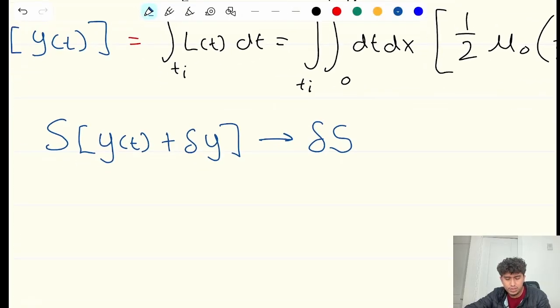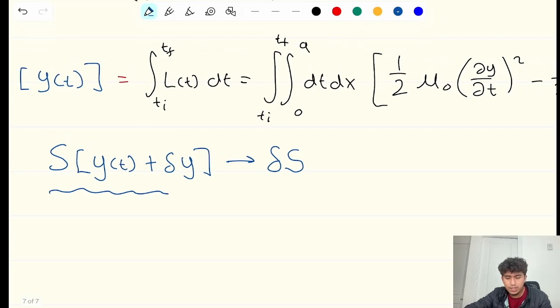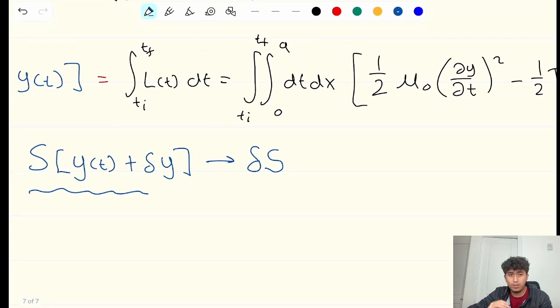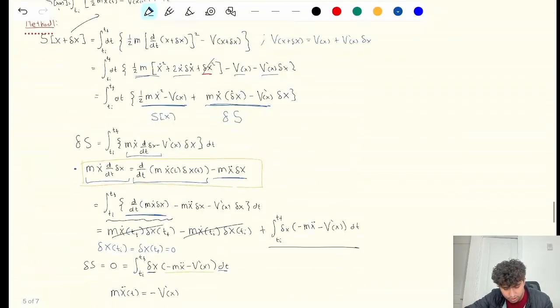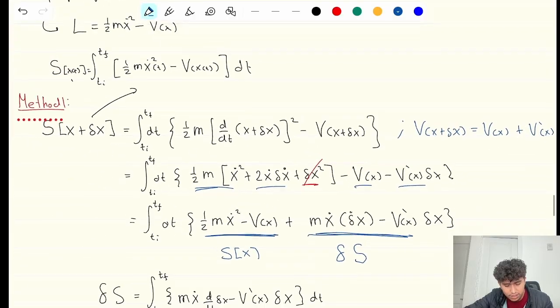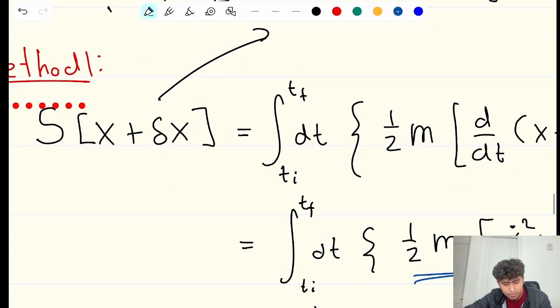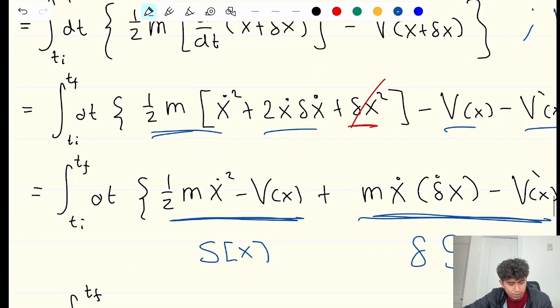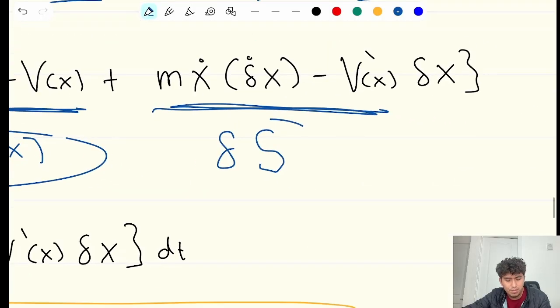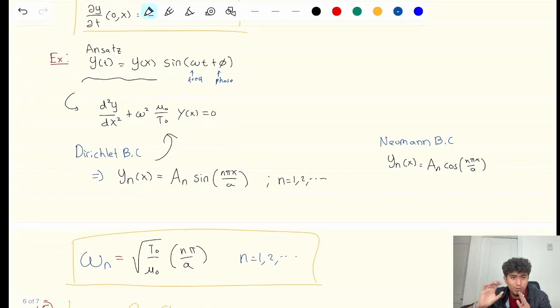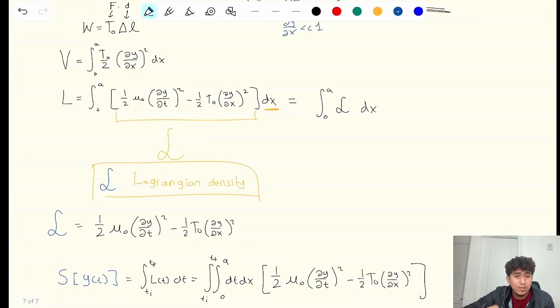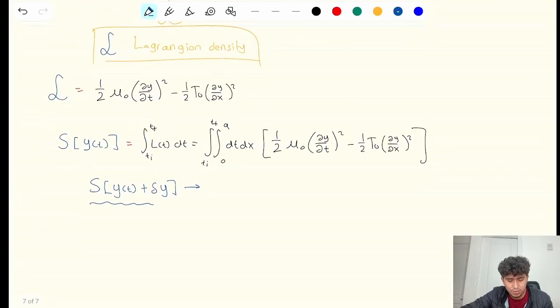But basically you would take this part, you plug it in, you will recover the original action plus some component, as we did before. Like here we plugged in the original path plus some variation, then you recover back the original action plus some variation. So we're gonna skip that step because you just plug it in and rearrange terms, and maybe use the product rule that I mentioned is very important.